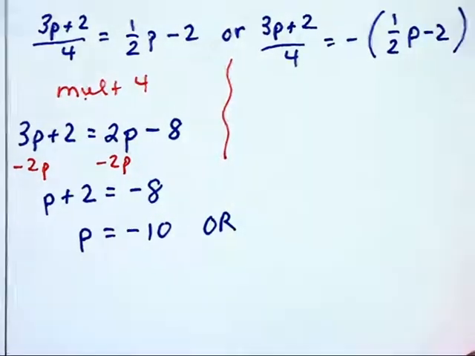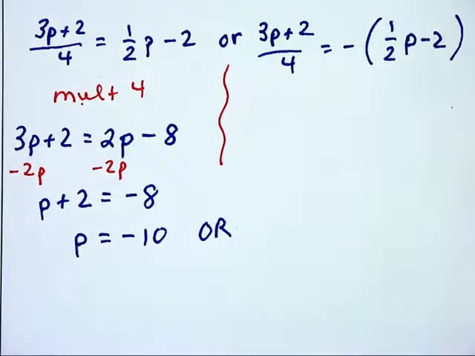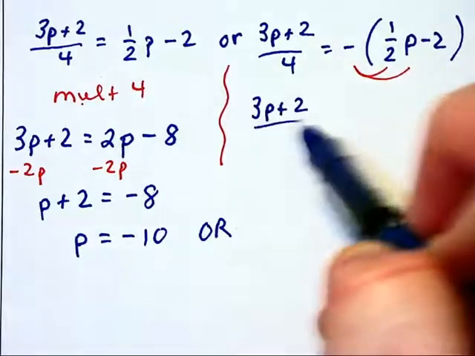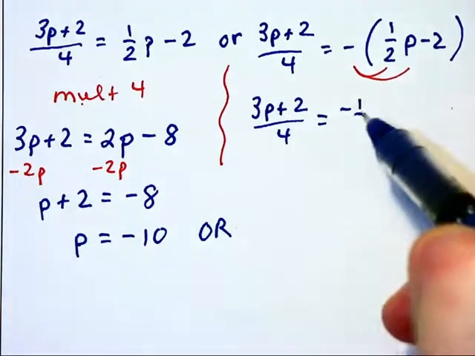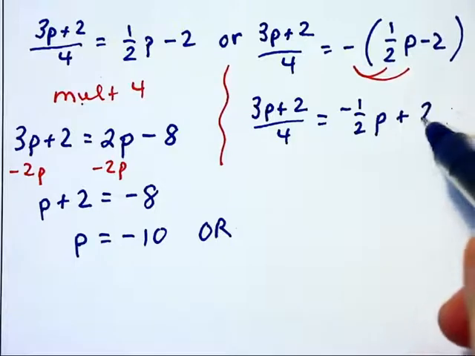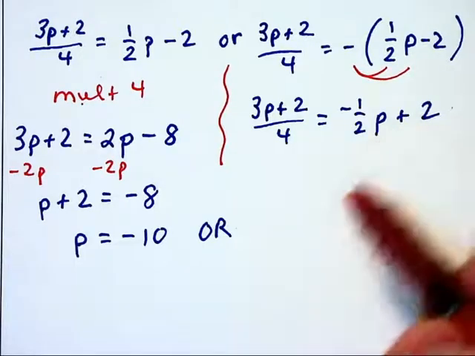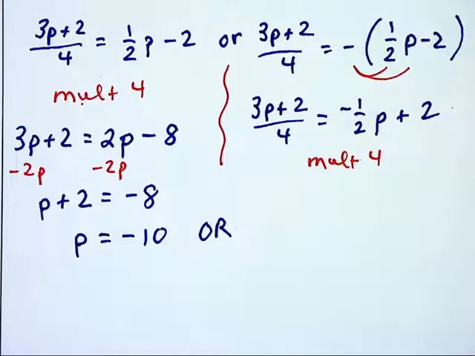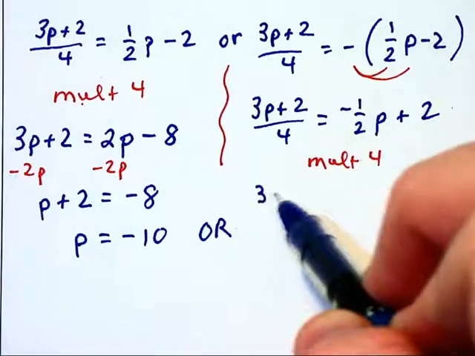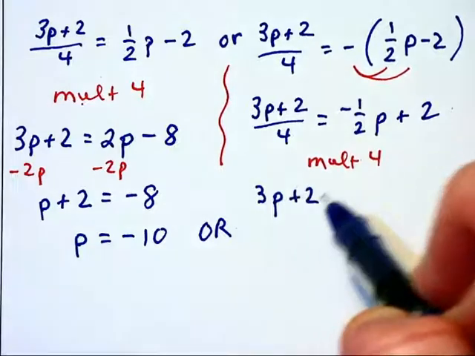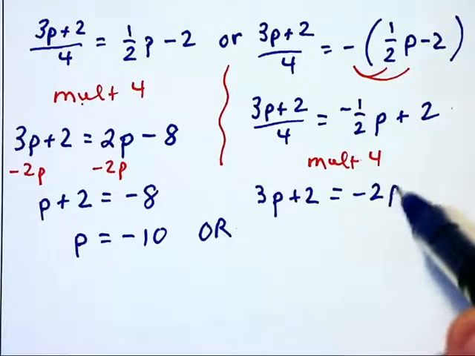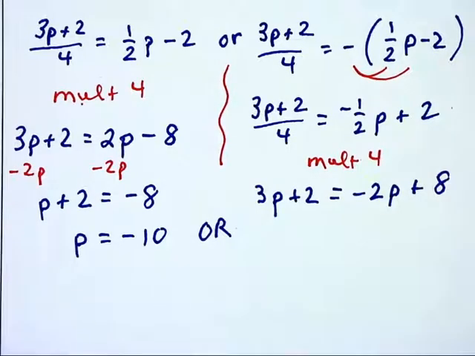Or, let's see what's going to happen on the right-hand side. We will have some distribution. So that is (3p plus 2) over 4 equals -1/2 p plus 2. Again, I would multiply through by 4 to clear the fractions. The left side becomes 3p plus 2 equals the right side, which is -2p plus 8.